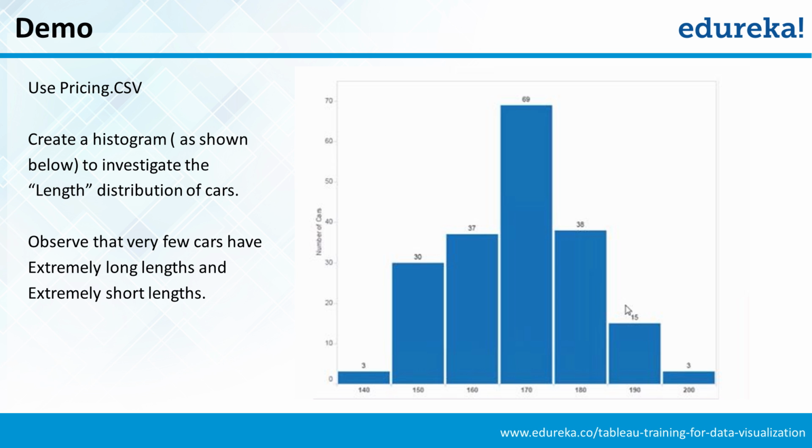So we create this histogram, and then we can see that we have very few cars which are extremely short in length and extremely long in length. Most of the cars are somewhere in between. So this is how a histogram helps us. Let's create this histogram. To create a histogram, very few steps are required. I want to look at the length distribution of cars.